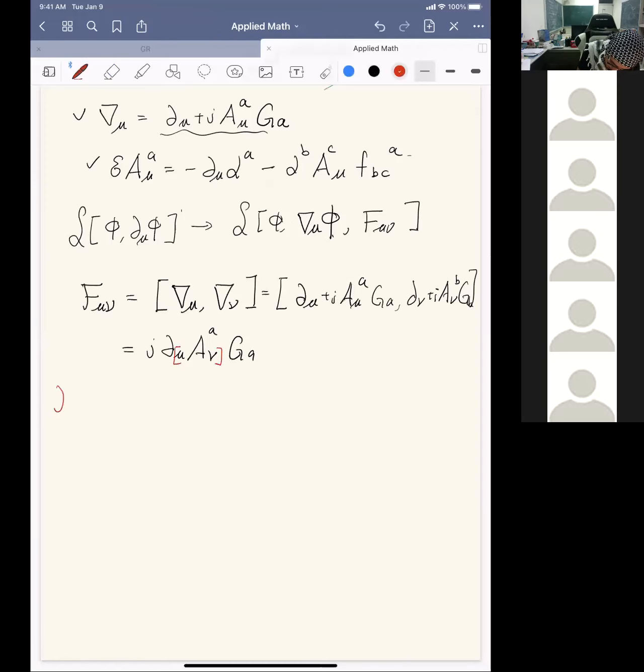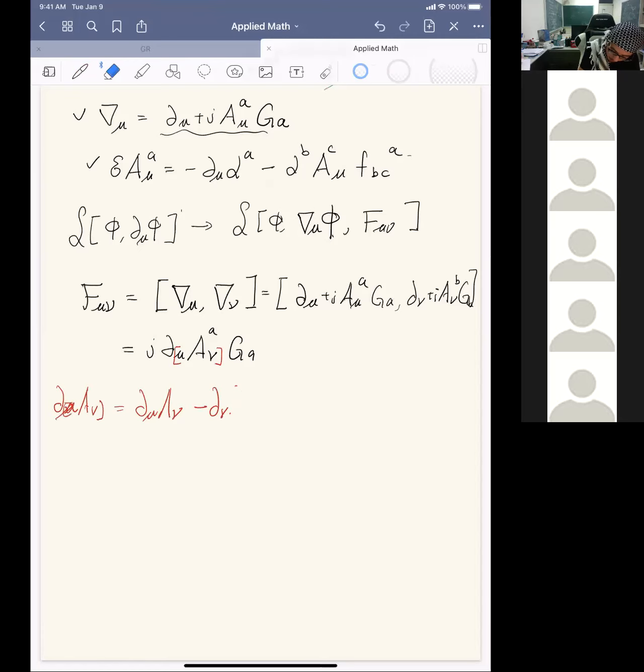If I have mu nu anti-symmetrized, that just means I have partial mu lambda nu minus lambda nu, partial nu lambda mu.